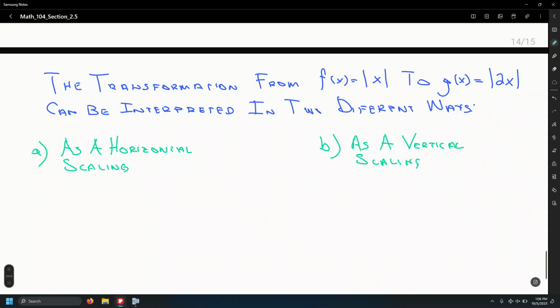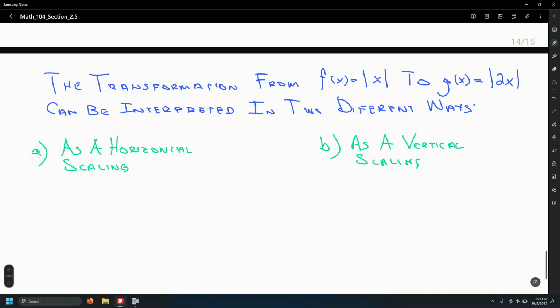Either way, you might wonder why. It's not like in the vertical shifting or the horizontal shifting. Well, there's no way to confuse those two. I mean, one is going in the x direction, positive or negative, and the other one is going up or down.